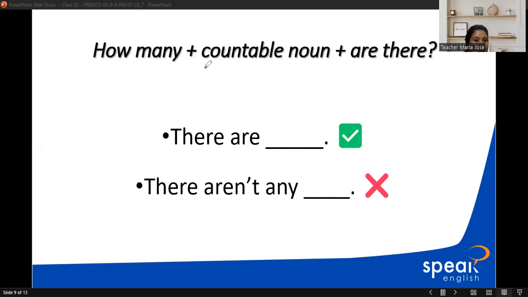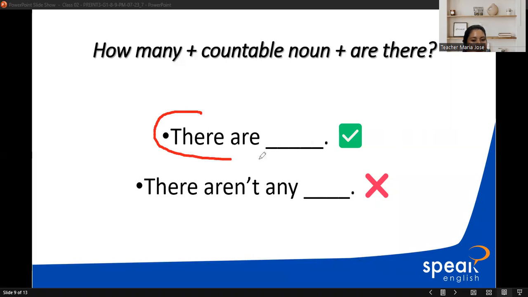But glue is not countable. You cannot count the glue. Other possibility. There aren't any pencils. Okay, but don't say the number, no numbers, okay? There aren't any pencils. Excellent. Very good.